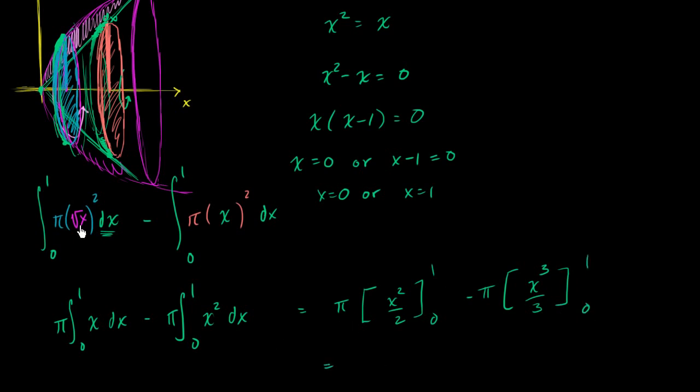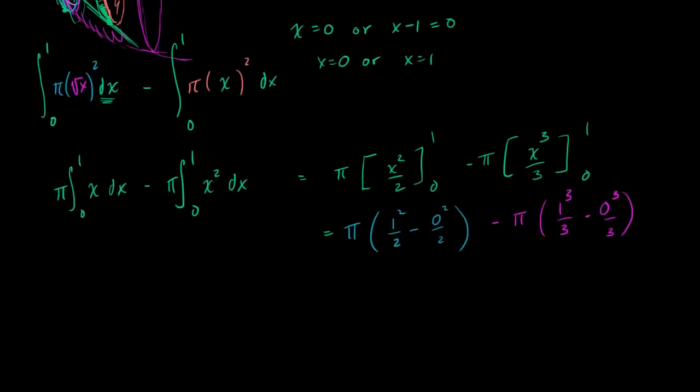This expression is equal to, and I'm going to arbitrarily switch colors just because the green is getting monotonous, pi times 1 squared over 2 minus 0 squared over 2, minus pi times 1 to the third over 3 minus 0 to the third over 3.